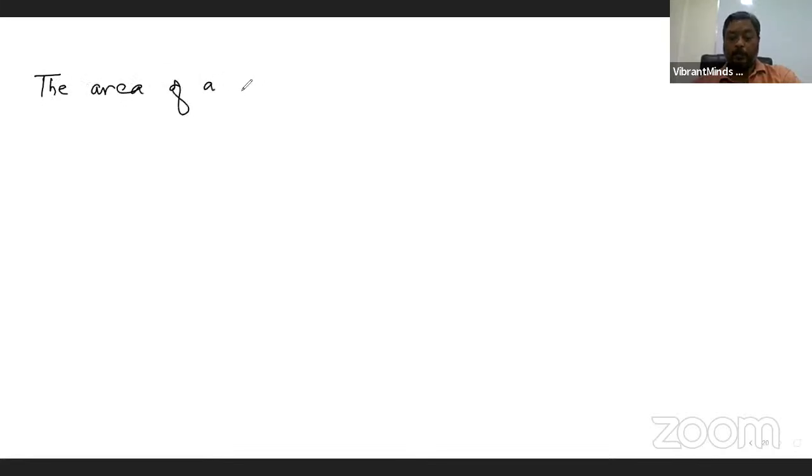The area of a rectangle is 180 centimeters square.